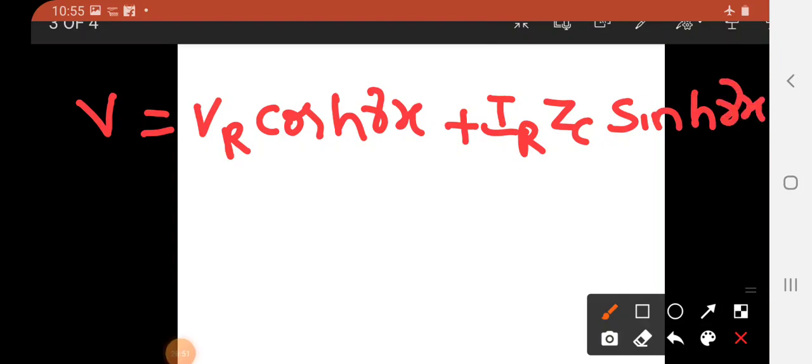Similarly, we can also write from equation 10. Let this be equation 11. Then what is equation 10? I is equal to something.